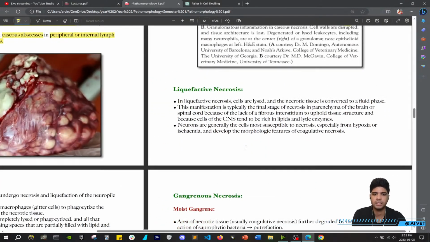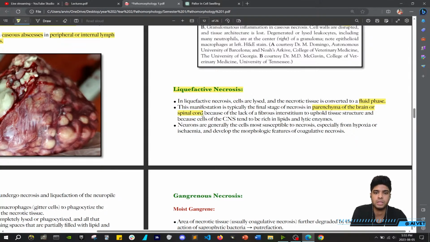Liquefactive necrosis. Cells are lysed and necrotic tissue is converted to a fluid phase. As the name says, liquefactive necrosis. This manifestation is typically the final stage of necrosis in the parenchyma of the brain or spinal cord.